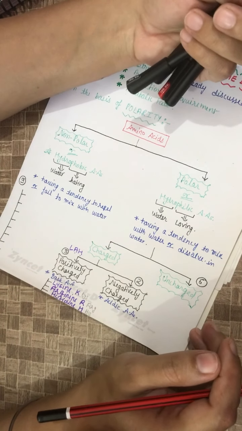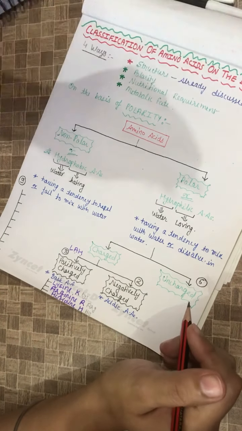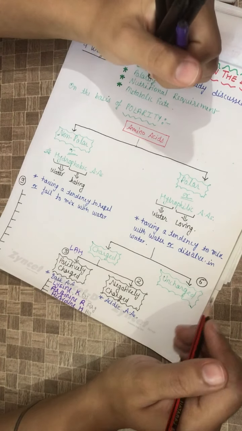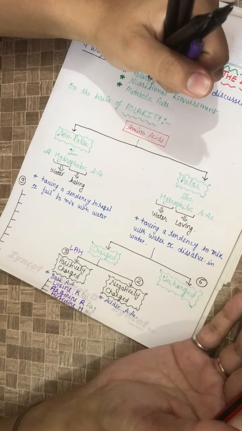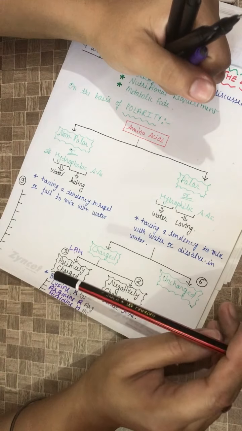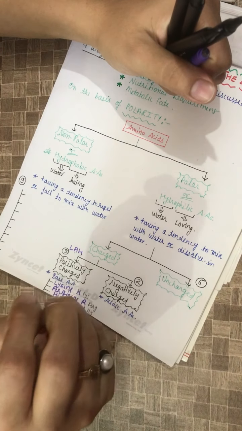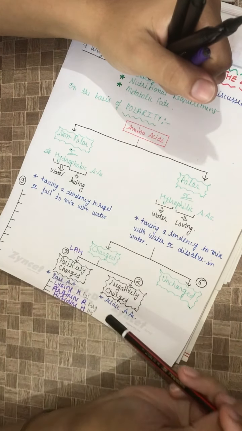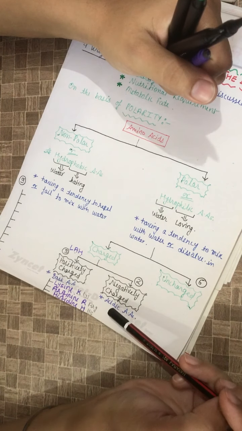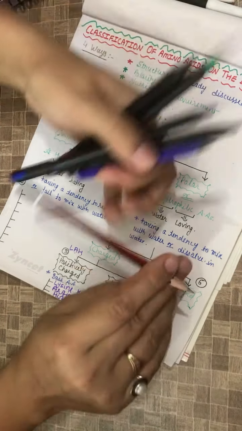We have already discussed this under the structural classification of amino acids, their 3-letter symbol, their single letter symbol. So these are the 3 basic amino acids or positively charged amino acids.